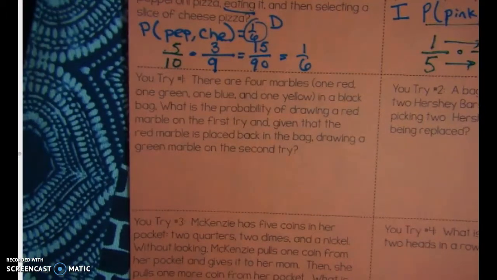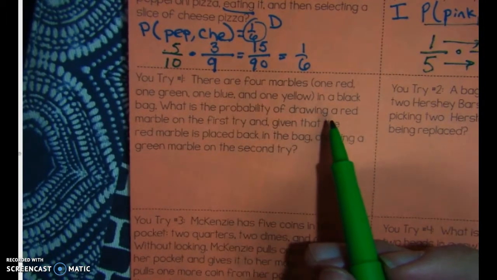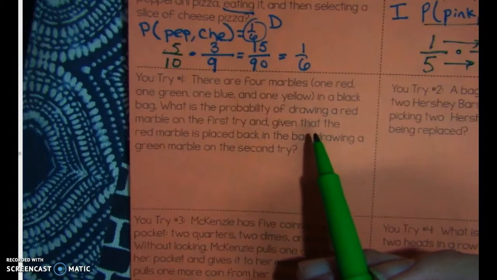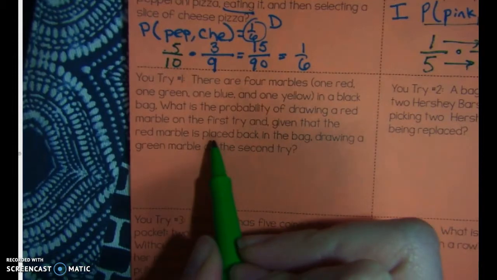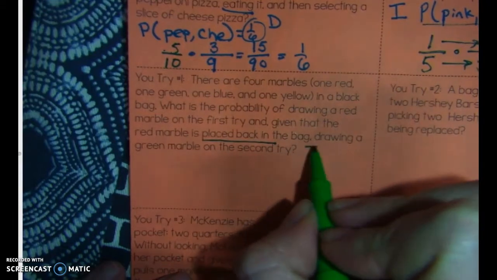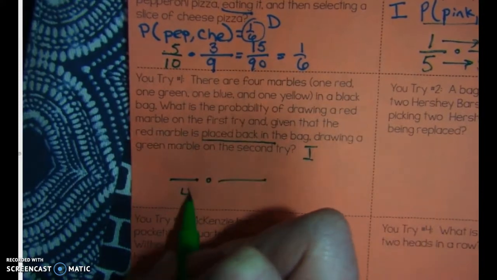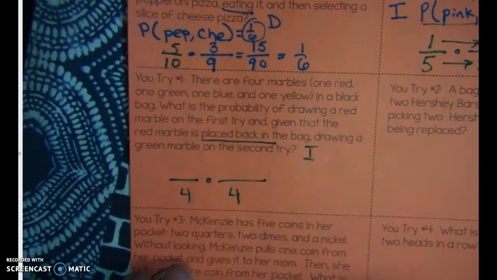All right. So here we have 4 marbles in a bag. The probability of drawing a red on the first try, and given that red is placed back in. So it's placed back in. Do we think it's going to change the total? No. So this is going to be independent. So in both scenarios, I'm going to stay with 4.